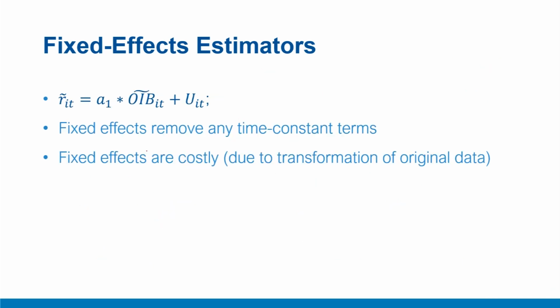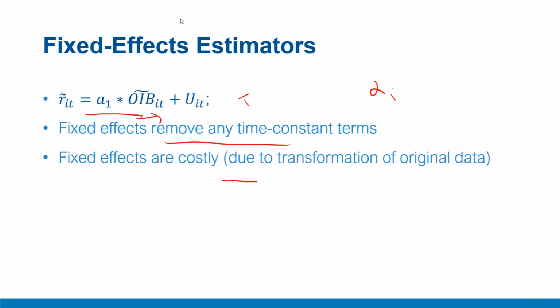However, please note that fixed effects also remove time-constant terms like alpha, and they are also costly, because now you have transformed the system and you are not estimating the original variables at levels, but rather this transformed, time-demeaned equation, the transformed fixed effects system.